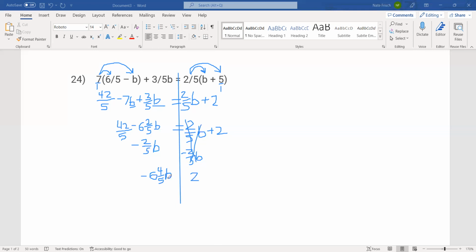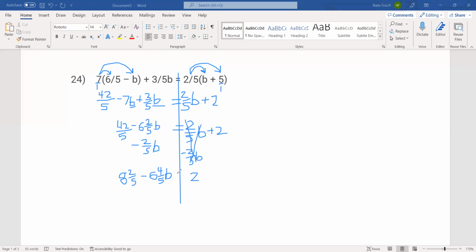You can almost think of that as like the label, it just stays with it. And then the 42/5 is going to stay put. At this point, though, as I'm looking at this, I think this might be a little easier if I make that into a mixed number. So 42/5 as a mixed number: 5 goes in there 8 times with 2 extra. So 8 2/5.